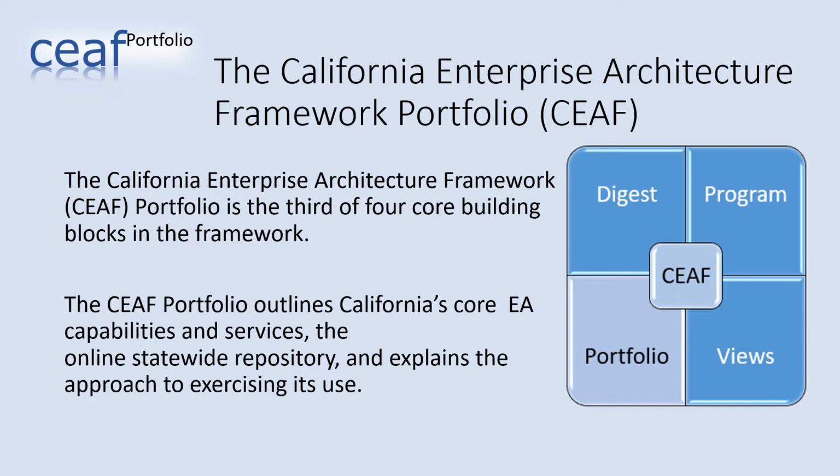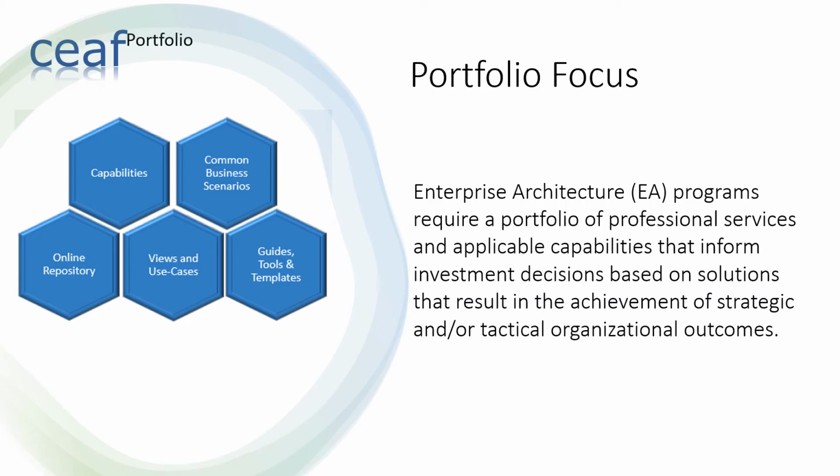Following those, the framework portfolio describes California's core EA capabilities and services, the statewide online EA repository full of instructions, tools, and templates, and explains the approach to exercising its use. The portfolio helps programs document and present current and future state perspectives that inform the execution of business strategy and realize strategic goals.